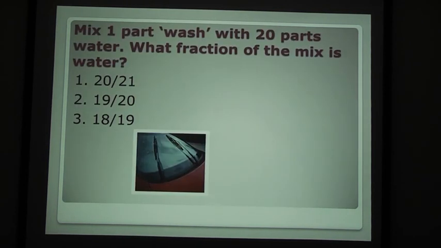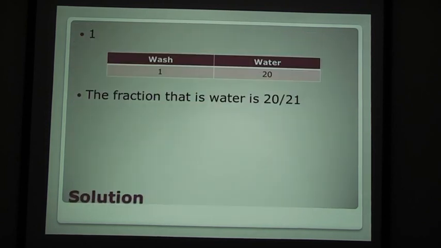Mix 1 part of wash with 20 parts of water. What fraction of the mix is water? Looking at the same thing, you used 1 of wash, 20 of water. The total number of parts is 21, and the water was 20 out of those 21 parts. So it's 20 out of 21.